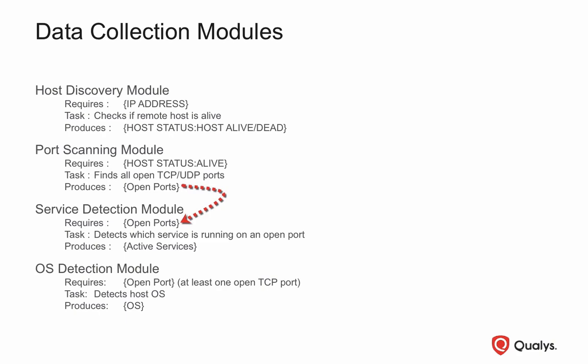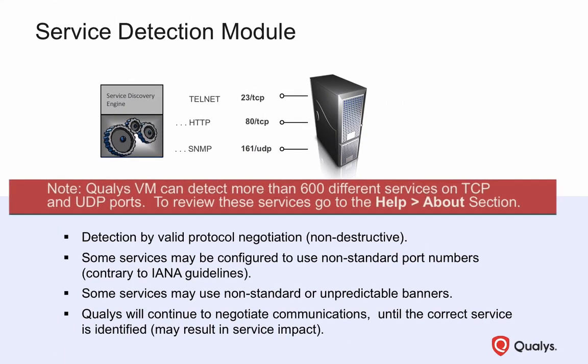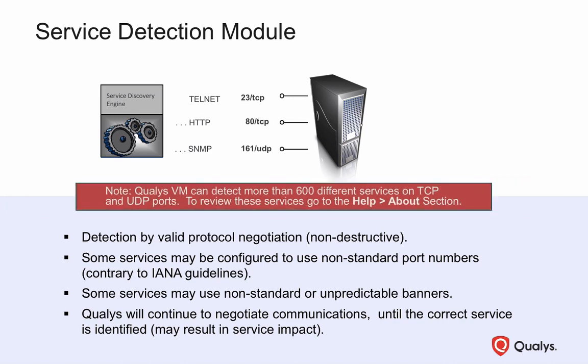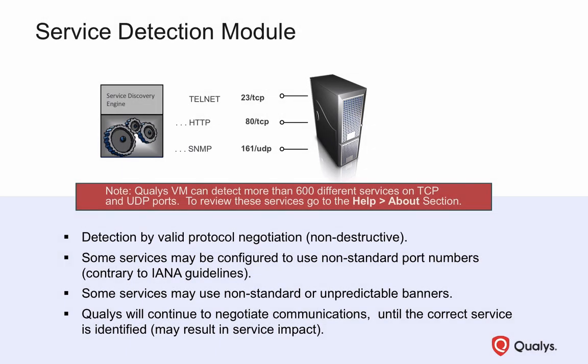Once the TCP and UDP port scanning modules have completed their respective tasks, the list of open TCP and UDP ports is passed on to the Service Detection module. The Qualys Vulnerability Management application can detect over 600 different services running on both TCP and UDP ports. This is accomplished using valid protocol negotiation. IANA guidelines will initially be used to select the protocol for the very first service detection test.